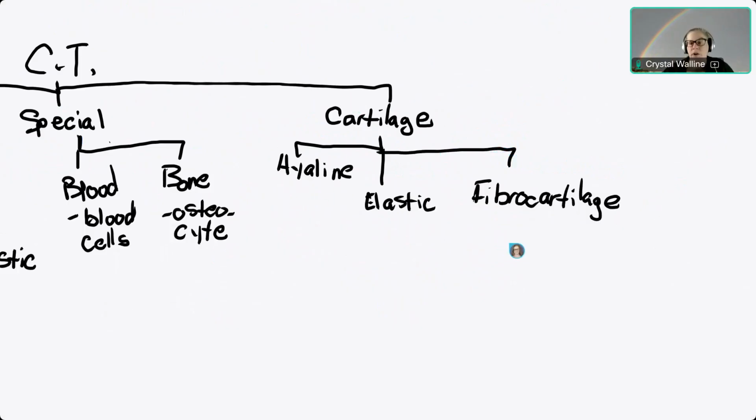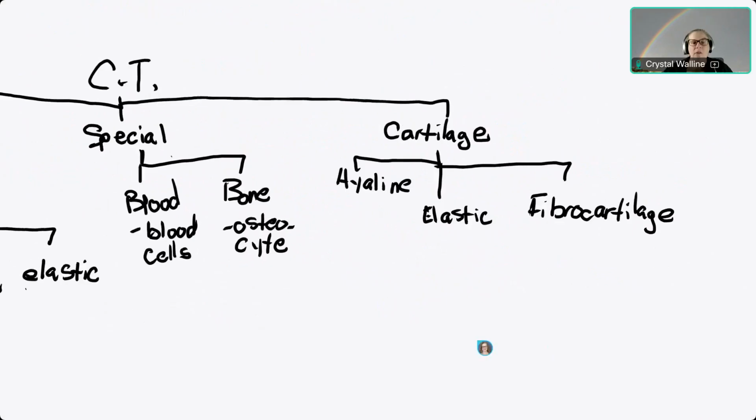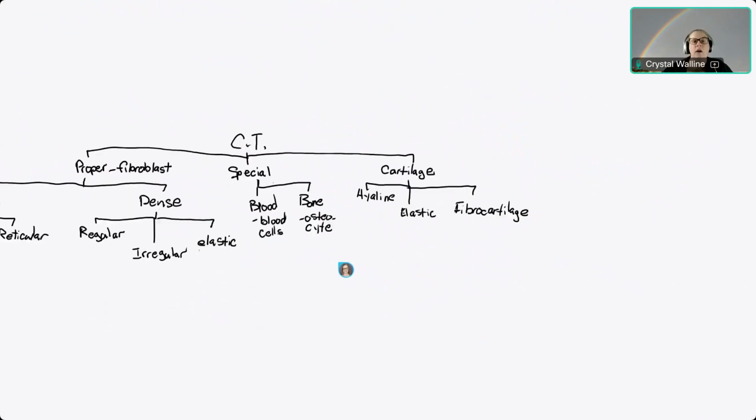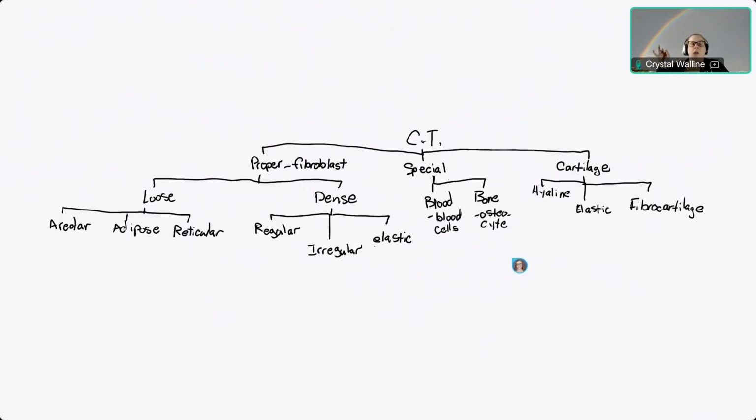So I would keep this handy and refer to it as we are going through our different types of proper connective tissues. And then in the future, at least for lab, we will be learning about different types of special connective tissues and different types of cartilage connective tissues.